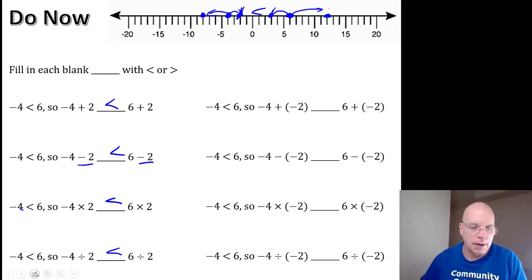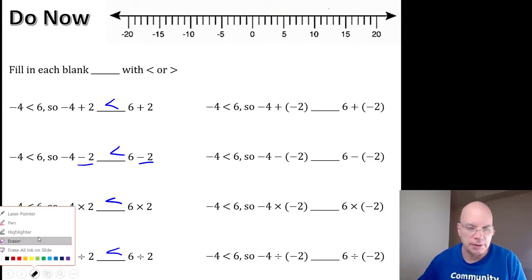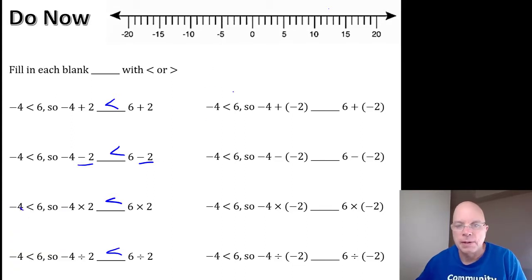So up till now it seems like, what are we bothering with this for? The relative position doesn't change. But wait, it will. If you have -4 and +6 and you add -2, well, adding -2 is the same as subtracting 2, so really it's the same as what we did here.